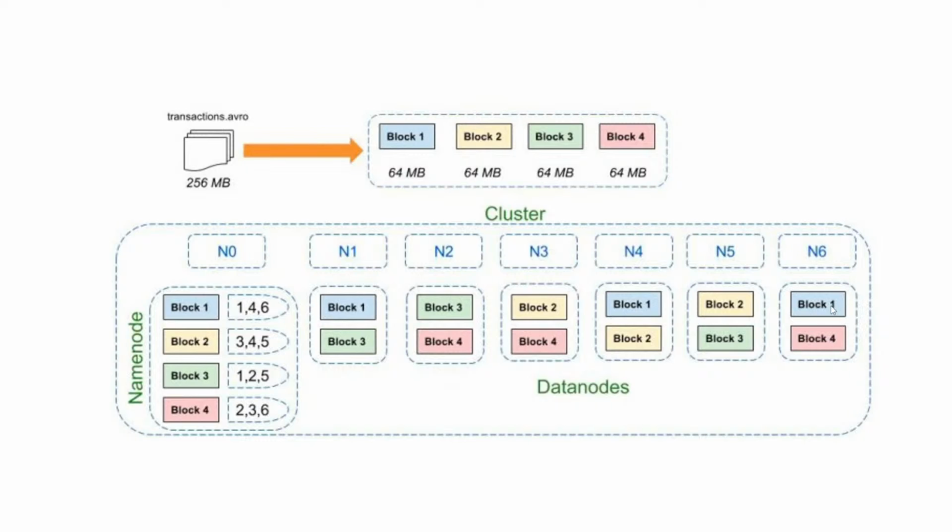Similarly, all these addresses are stored in the name node, and the actual data, the blocks themselves, are stored in the data nodes. So the name node just has all the block names and where the 3 replicas are located, and in the data nodes, the actual blocks get stored.